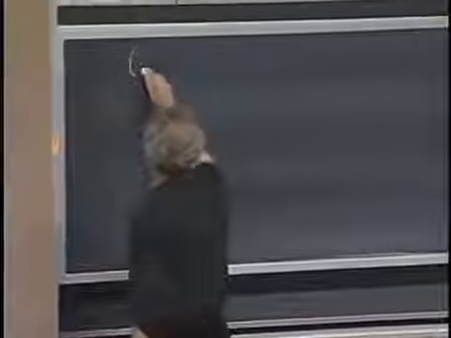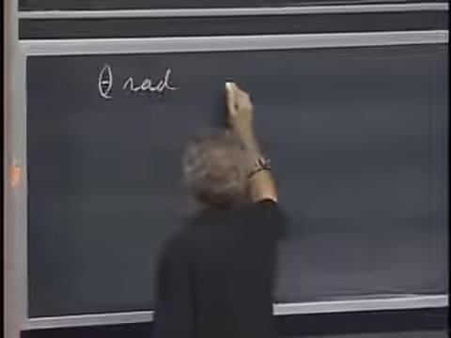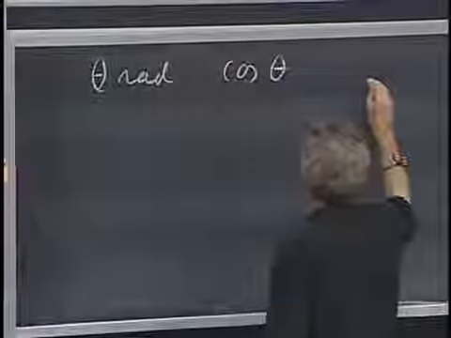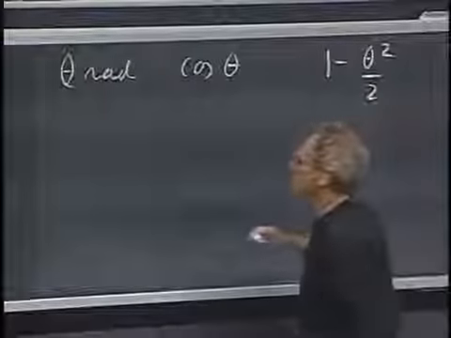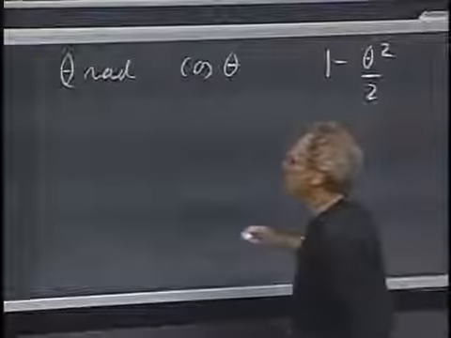If I give you here theta in radians, and here the cosine of theta, and here 1 minus theta squared over 2, then if I take 1/60th of a radian, since this is approximately 1 degree, but I pick exactly 1/60th, and I ask what the cosine is, that is 0.99985, and then I have an 8.61114.